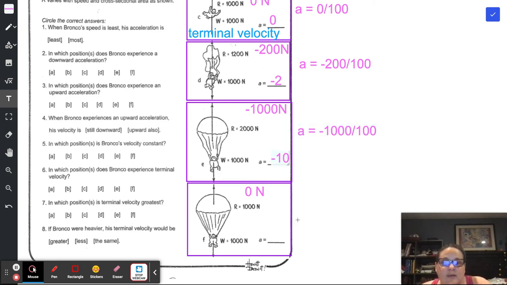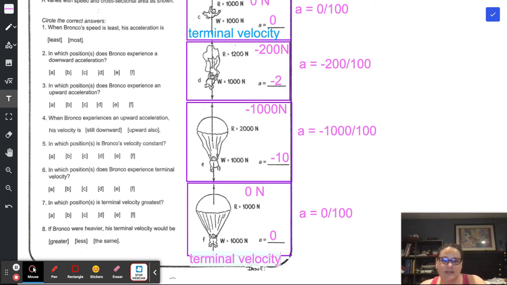And then last we have acceleration equals 0 divided by 100, which is just 0. Okay, so now we have a net force of 0 again, which means we're no longer accelerating, which means that we're at that special place called terminal velocity again.